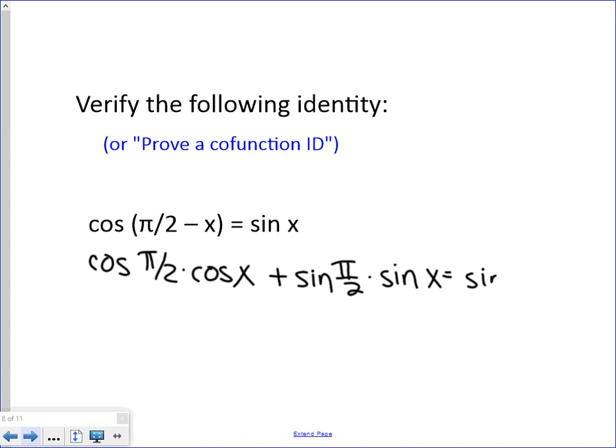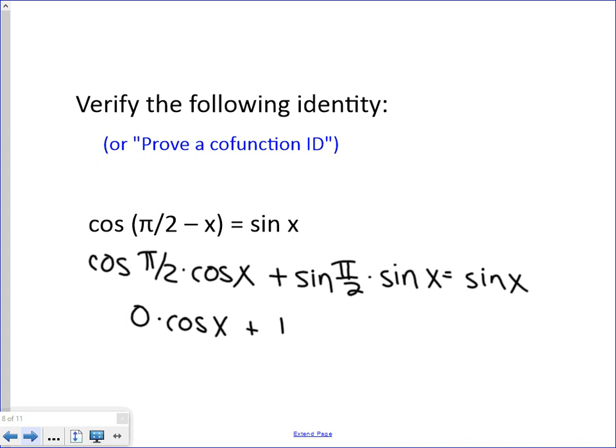Okay, as I was walking around, peering over your shoulders, I was very impressed with the number of us who got our operation signs correct. So nice job, good work. Since this is a difference of two angles in the cosine, we're going to have a plus in between the work. And then we just have to evaluate: the cosine of pi halves is 0.